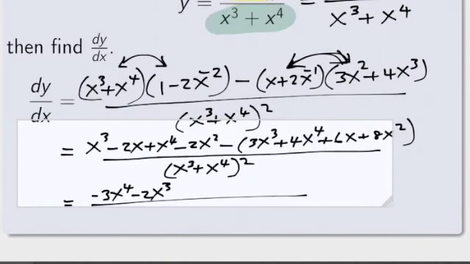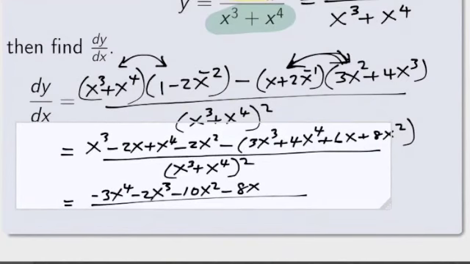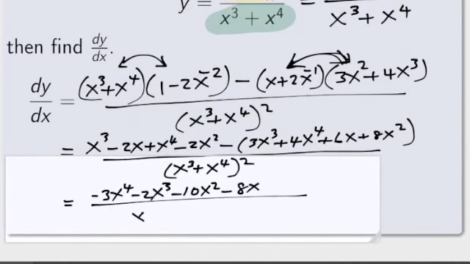We have minus 2x squared minus 8x squared, which will give us minus 10x squared. We have minus 2x minus 6x, which will give us minus 8x. So that's the numerator, and we can rewrite the denominator: x cubed plus x to the 4, all squared. So that is the derivative of y with respect to x.